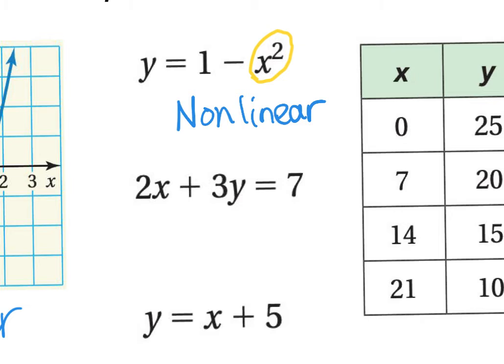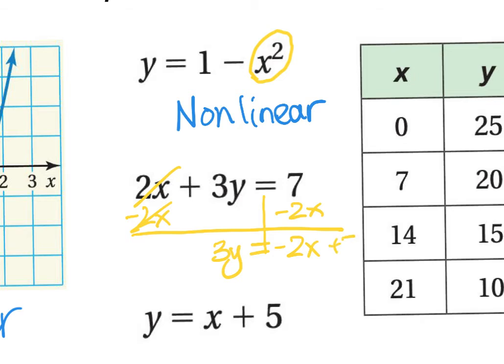Okay, so then we have an equation here in standard form. If we can rewrite this in slope-intercept form, then it's a linear equation. So let's try to solve for y here. We're going to subtract 2x from both sides to solve for y. Okay, so we get 3y equals negative 2x plus 7.